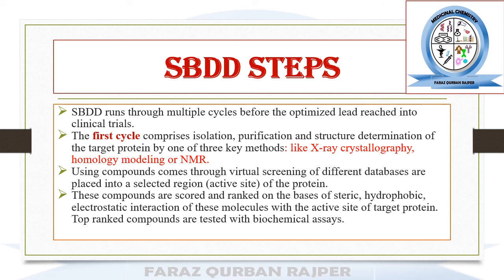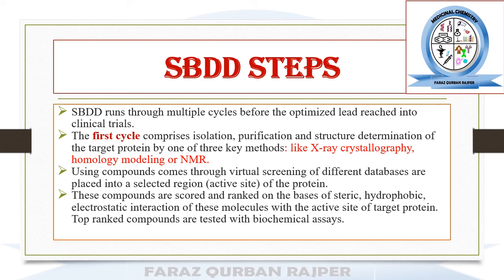This involves the sub-steps of isolation, purification of the protein, crystallization as in the case of X-ray crystallography, and then the determination of the different binding sites. This can be done by different techniques like X-ray crystallography, homology modeling, or NMR spectroscopy.